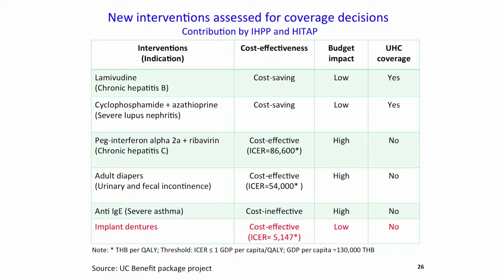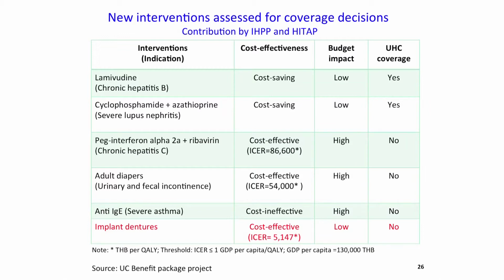It seems that there is a cascade level of coverage decision. First is the cost-effectiveness cut, followed by budget impact, and finally health system readiness to provide new services and other ethical equity consideration. If cost saving with low budget impact, the decision is yes, go. For example, lamivudine and the treatment of lupus nephritis.